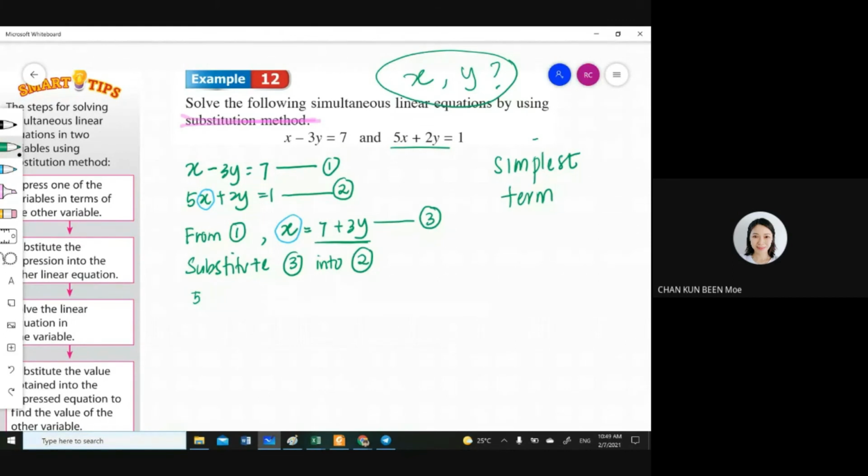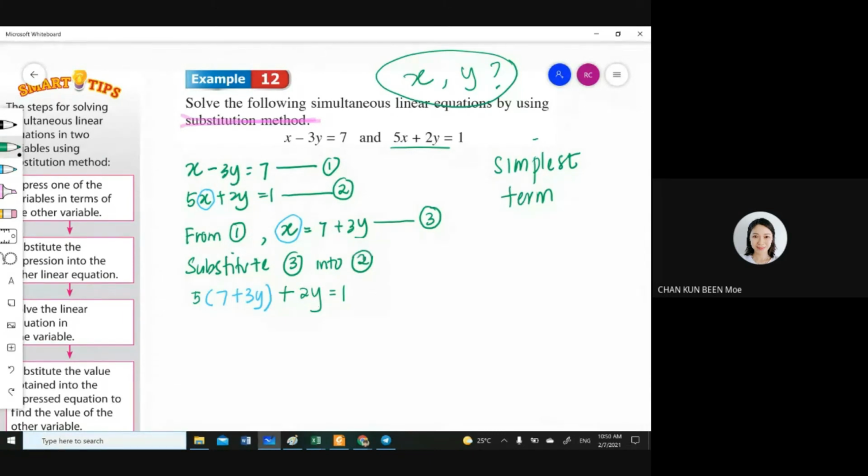I use different colors to indicate for you clearly. 5 times 7 plus 3y, plus, I continue with this one because the x I substitute with 7 plus 3y. And then I'm going to continue with 2y equal to 1. So from here, you can see the only remaining variable is y. We are going to solve to find out the value of y.